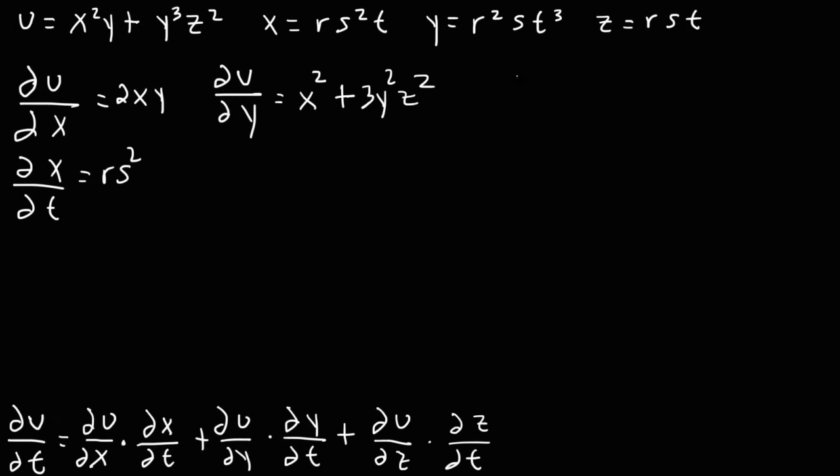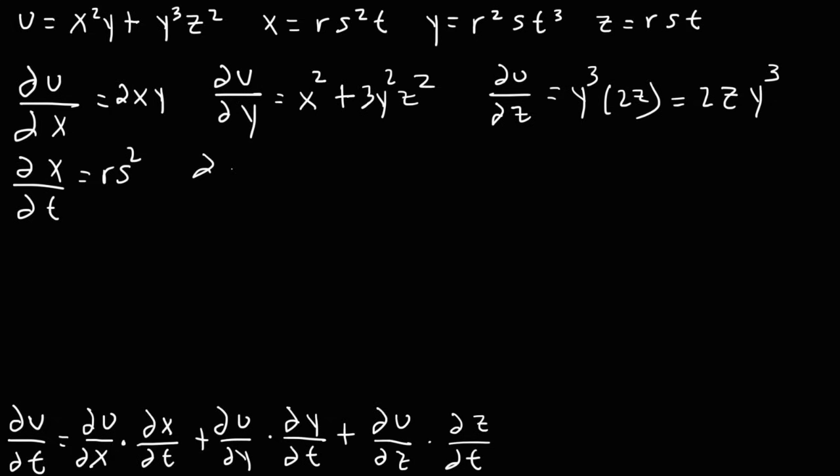Now let's go ahead and find the partial derivative of u with respect to z. So this doesn't have a z variable, that's going to be 0. And then it's going to be y cubed times the derivative of z squared, which is 2z. And so this is 2 times z times y cubed.